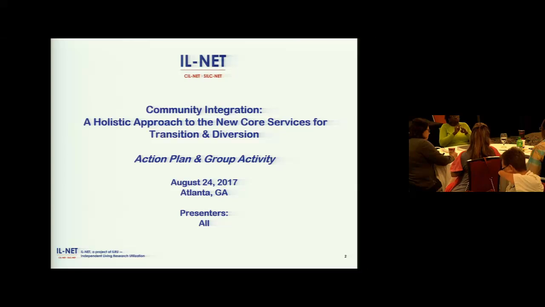And we're going to develop our referral process for Money Follows the Person. It has to be through the ombudsman or the social worker, so we're going to establish better relationships with the ombudsman and the social workers.